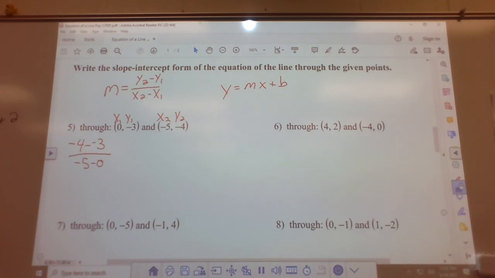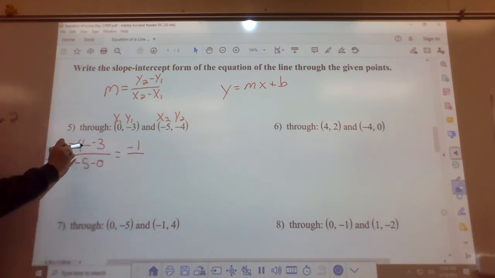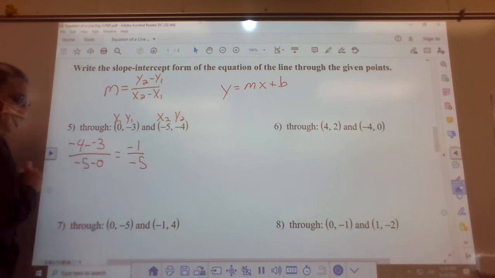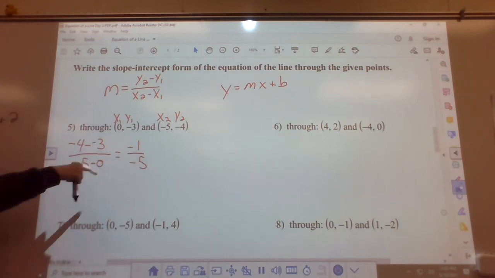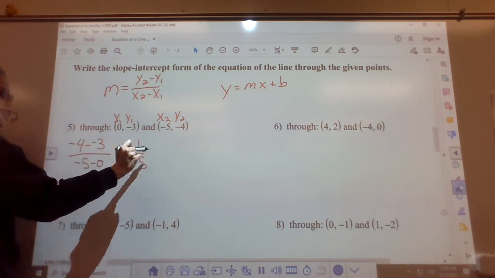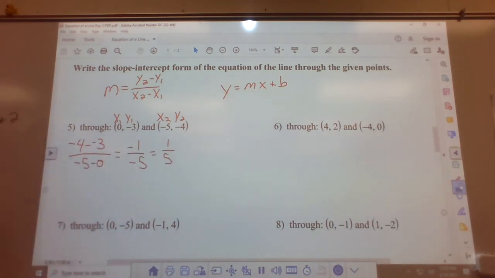So negative 4 minus a negative 3 is going to give you negative 1. Negative 5 minus nothing is negative 5. And same as when we did that first worksheet, if you have a negative top and bottom, go ahead and cancel those negatives out. So I get 1/5. So that's my slope. So that was step 1, find slope.